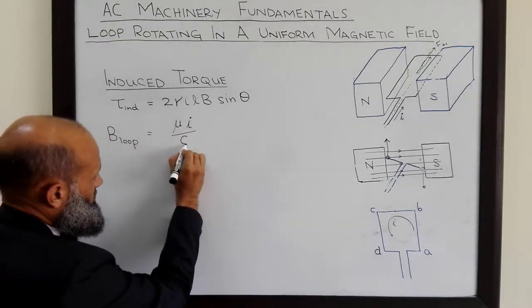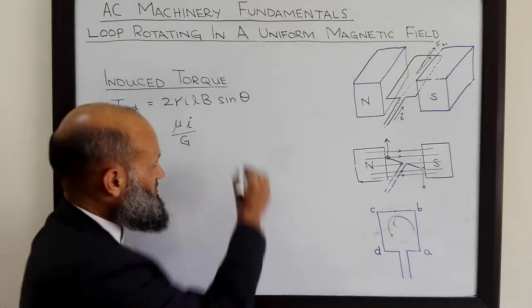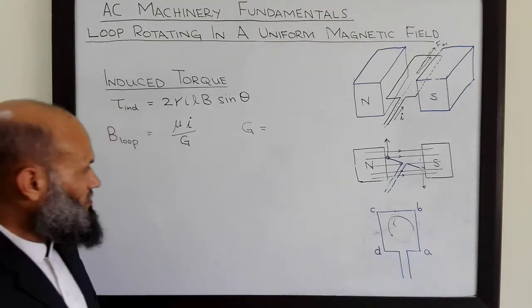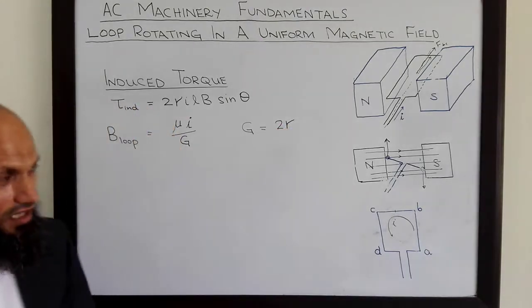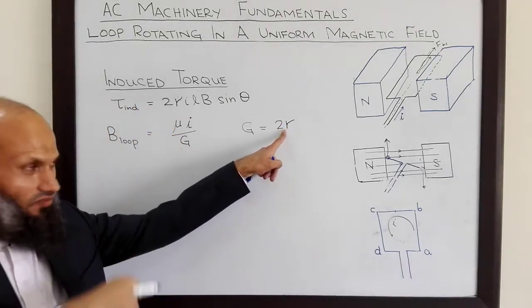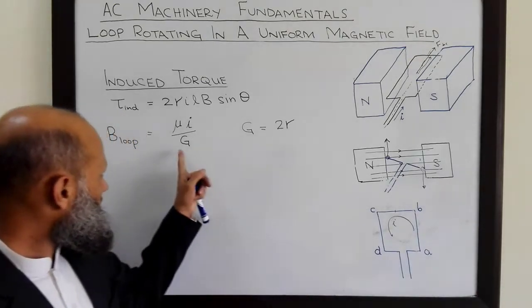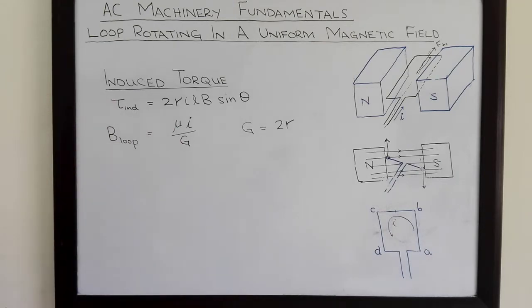So if here we have a rectangular coil, for the case if we had a circular coil, then it has been calculated that G comes out to be equal to 2 multiplied by R, where R is radius of that circular coil. Over here we can even find G for this rectangular coil using more complex relations.